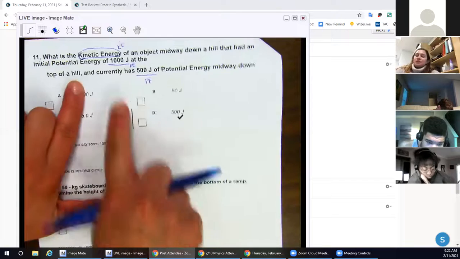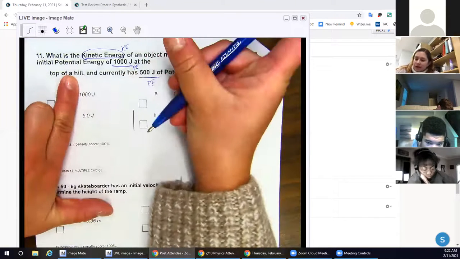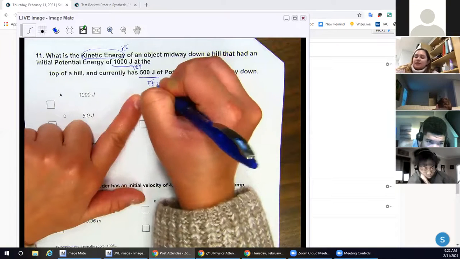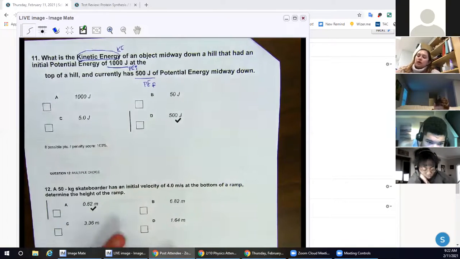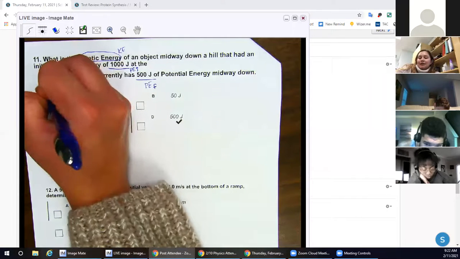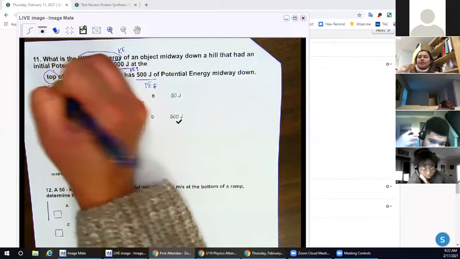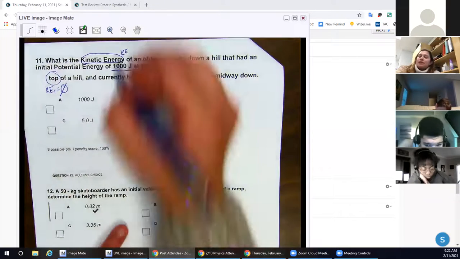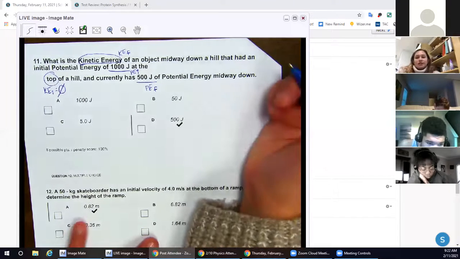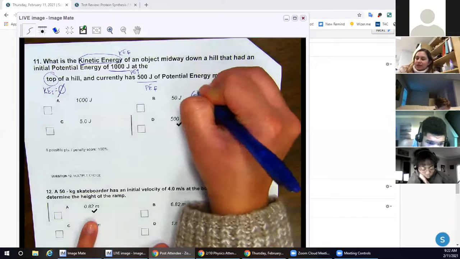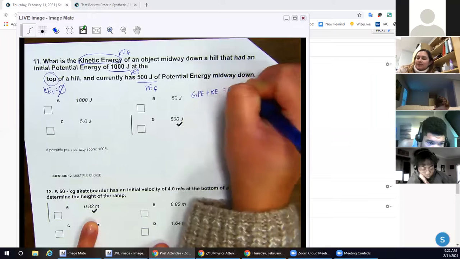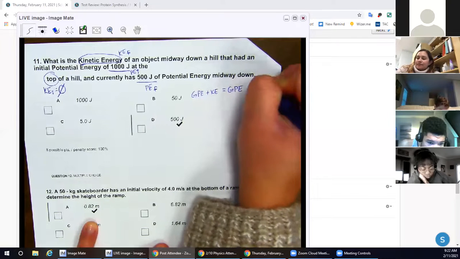So you have your initial potential energy of 1,000, so that's my initial. Then the 500 joules has to be my final. If you're initially at the top of a hill, what is your kinetic energy going to be initially? Zero. Good job. So that means you're just looking for your final kinetic energy. Using the conservation of energy formula, GPE plus KE equals GPE plus KE.